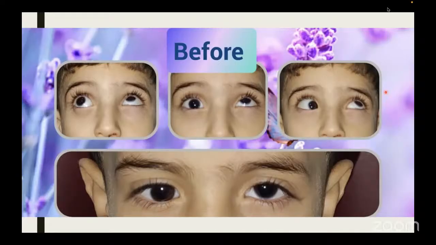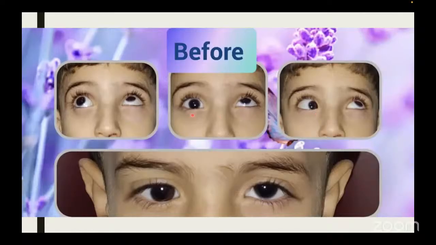And on up gaze, in the middle image, there is a defect of elevation in the right eye. On the up and out, there is a defect in elevation as well, and in the left gaze, there's a defect of elevation of the right eye.